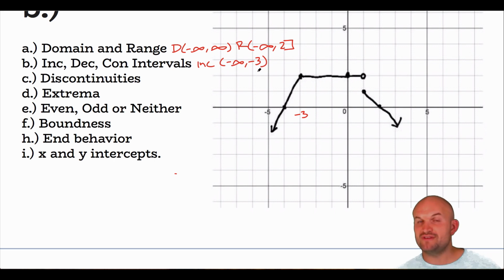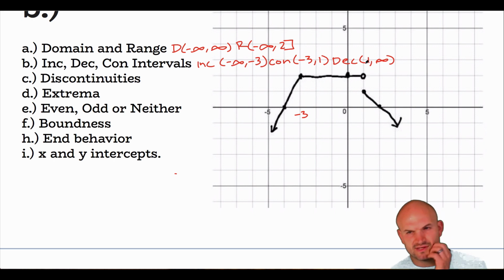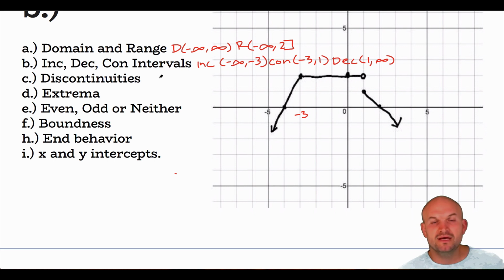We're not going to have included values, because -3 can't be increasing and constant at the same time. Let's see, we're going to use a constant interval. It is going to be from -3 all the way to 1. And a decreasing interval is going to be from 1 to infinity. Here, this -3 can't be increasing and constant at the same time.